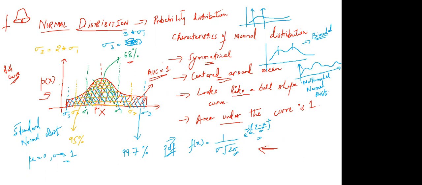And area under the curve, since it is a probability distribution, at different points will be measured in terms of probability.